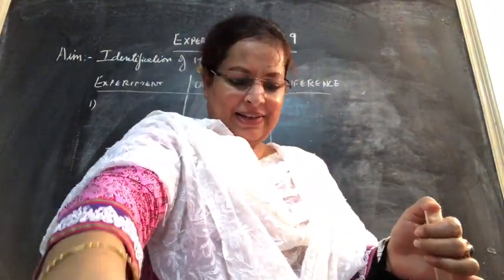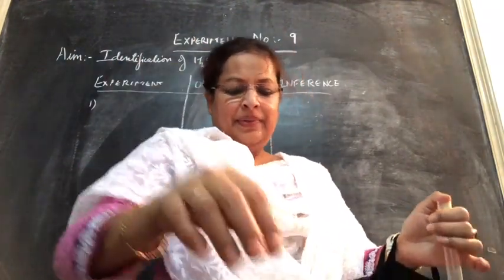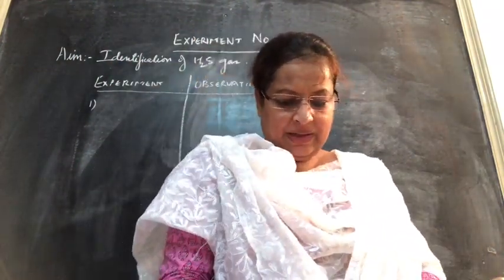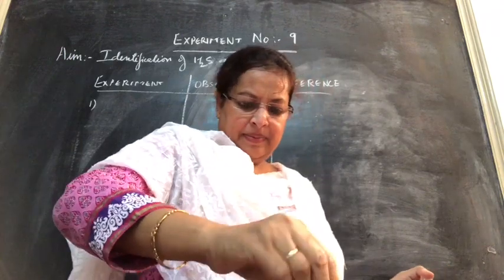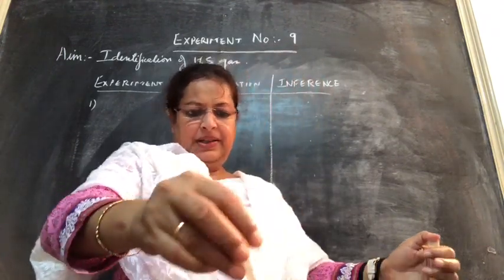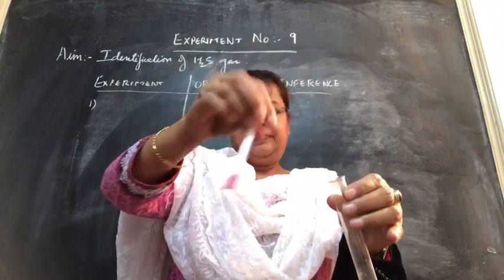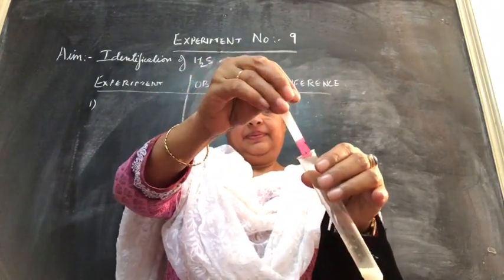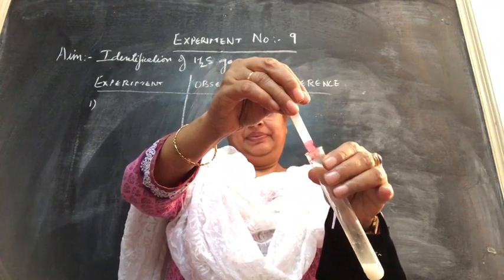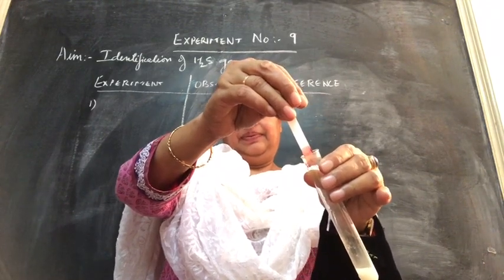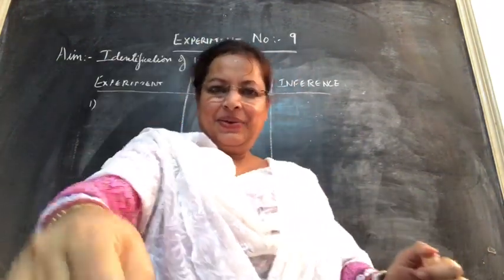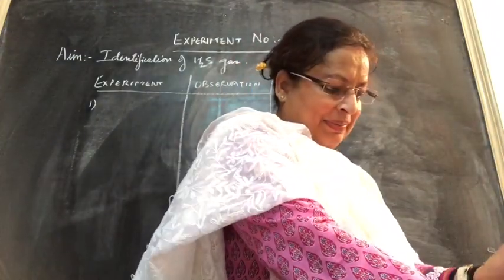So it is acidic in nature. Now, the other test, KMnO4 paper test. So this is KMnO4 paper. Let's bring it near the gas. It turns colorless. So KMnO4 test is done.